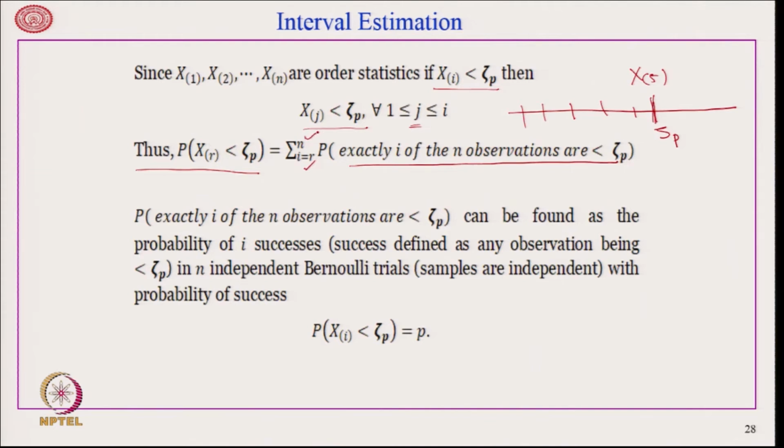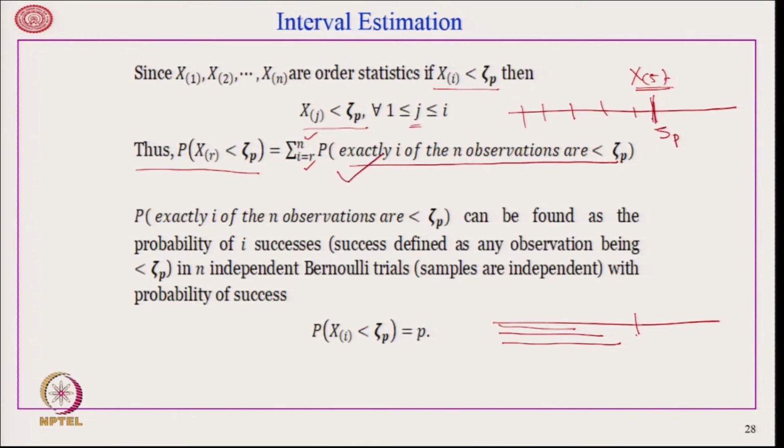As I have explained earlier, the fifth order statistic X(5) is less than zeta p if below zeta p there are 5 observations, 6 observations, 7 observations, in fact all the n observations are less than zeta p. In all these cases X(5) is going to be less than zeta p.